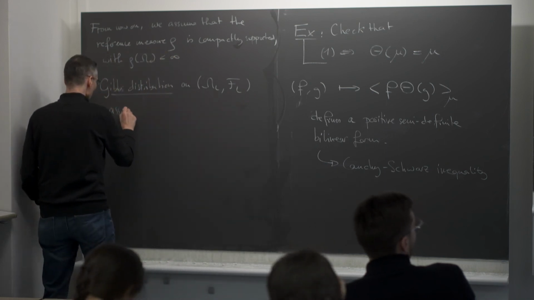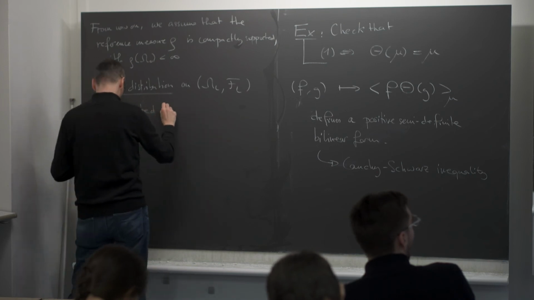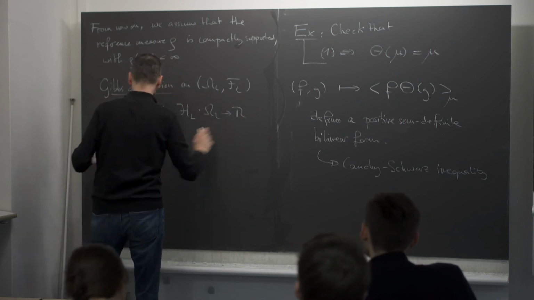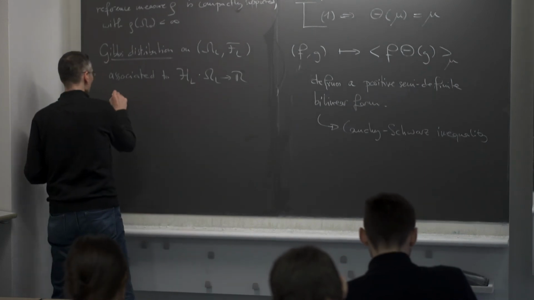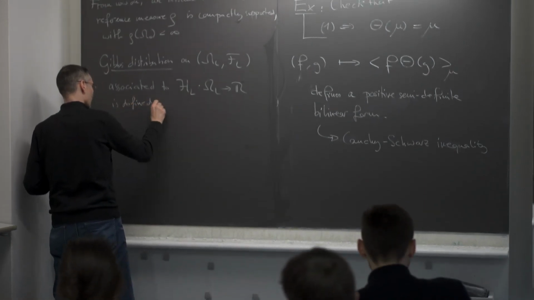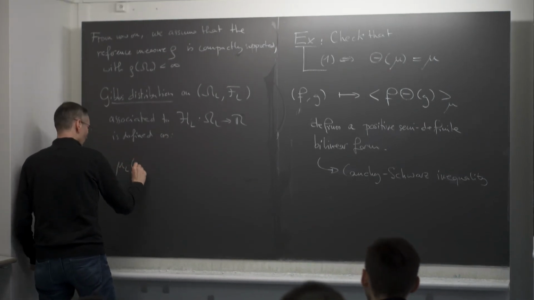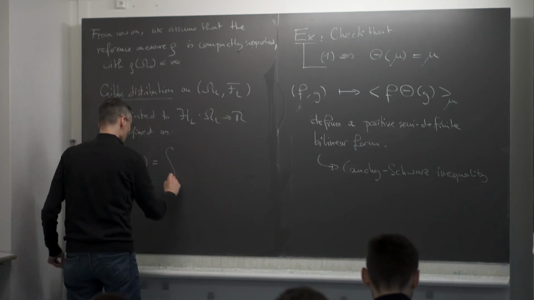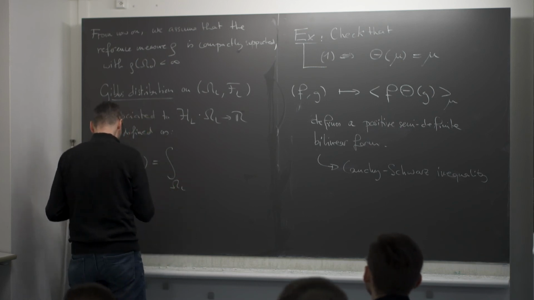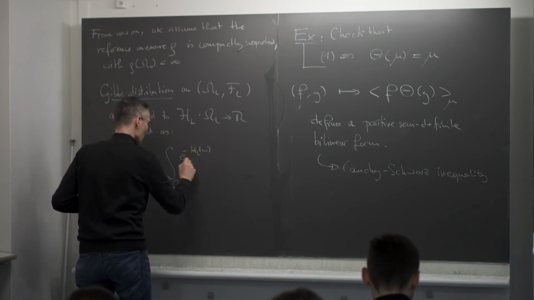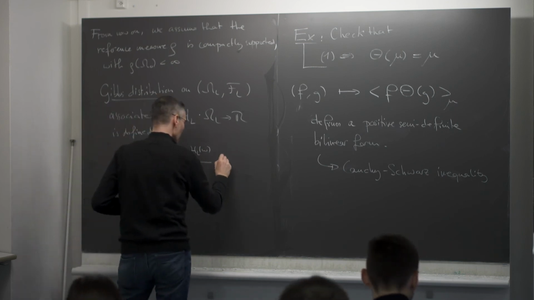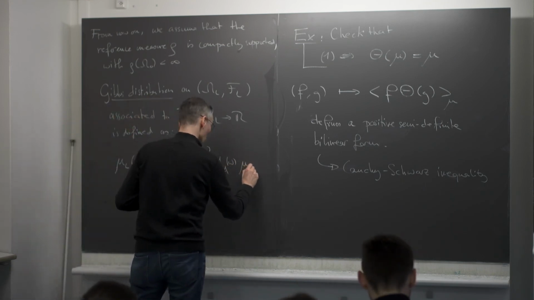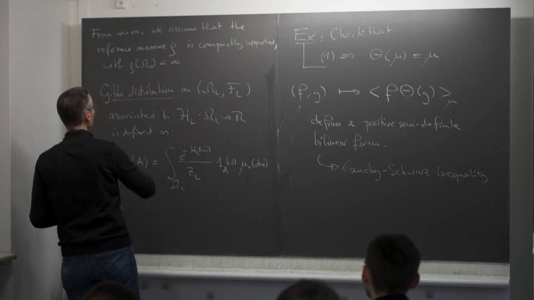Associated to a particular Hamiltonian H_L, which is just a function from omega L to R, the same setting as usual, it is defined as follows. The probability that it gives to some particular event A in the sigma algebra is the integral over all configurations of e to the minus H_L of omega over the partition function, where we want the configuration to satisfy the event A, and then we have the measure mu 0, which is just the product of all these rho.